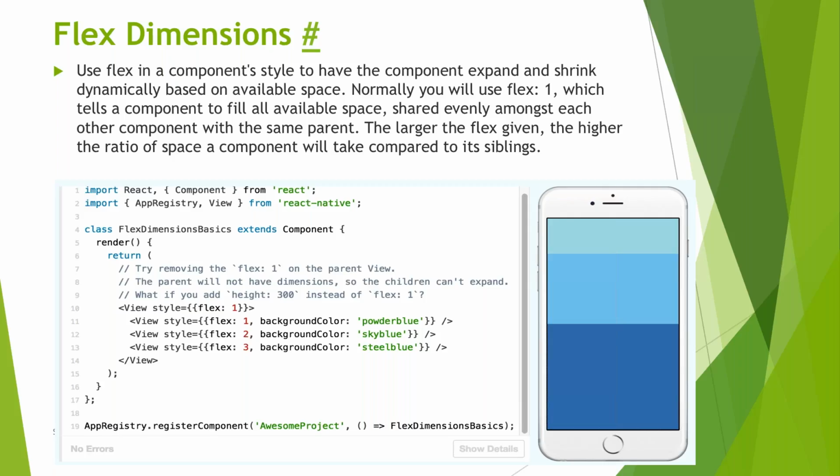So if I have 5 children and the flex values are 1, 2, 3, 4, 5, the one with flex value 5 will have dimensions 5 times that of the view which has flex 1. Similarly, if I'm giving flex 1 and I want the other one to be half, I can give it flex 0.5. If I want the third one to be a quarter, I can give flex 0.25. So this is basically a relative comparison of the flex values, which then decides how to render the view.